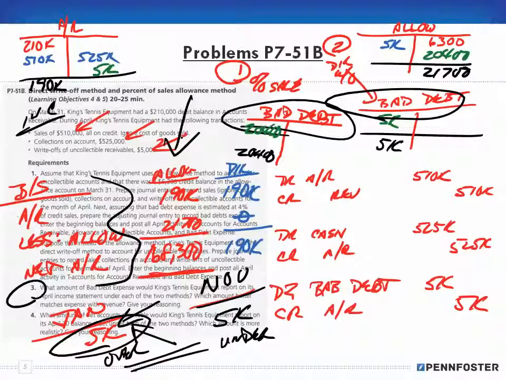Honestly, the direct write-off method is only used in the real world for smaller businesses with a limited number of accounts. When you start getting a whole bunch of accounts, generally 30, 50 or more, you tend to use the allowance method instead, because it's that much more accurate.